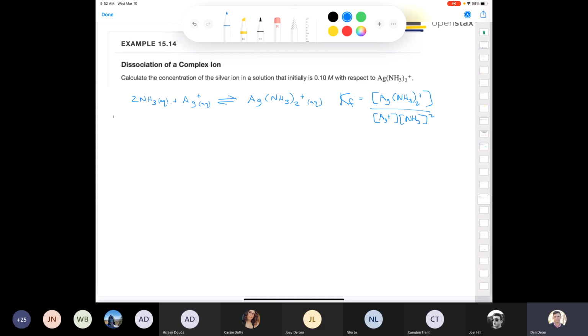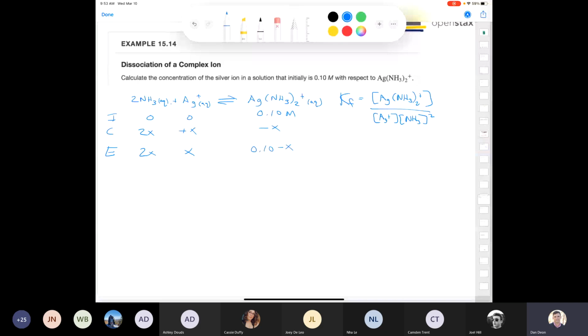We know that initially we don't have any of these, but we have 0.10 molar of the coordination complex. So that means some of that is going to dissociate to form silver ions and ammonia. At equilibrium we're going to have 2x for our ammonia, x as the concentration of our silver, and 0.10 minus x.